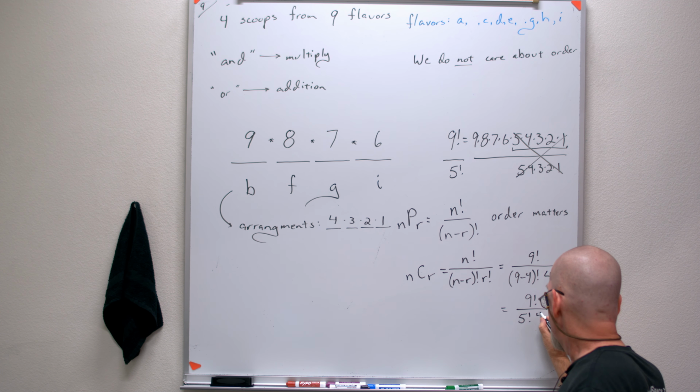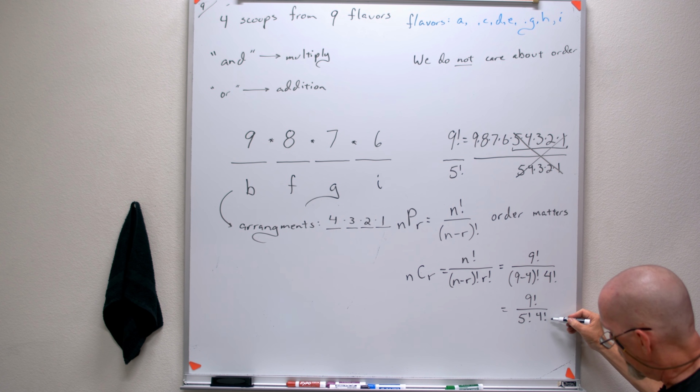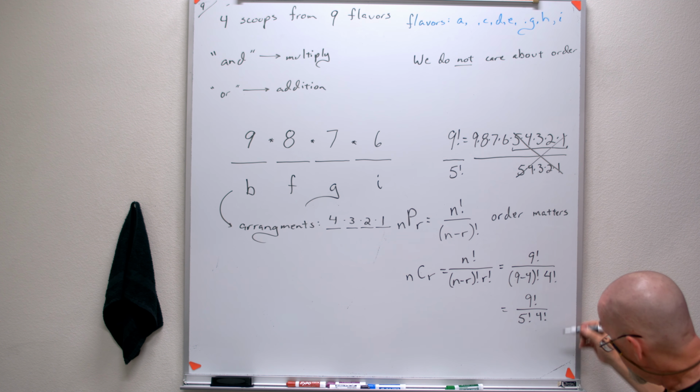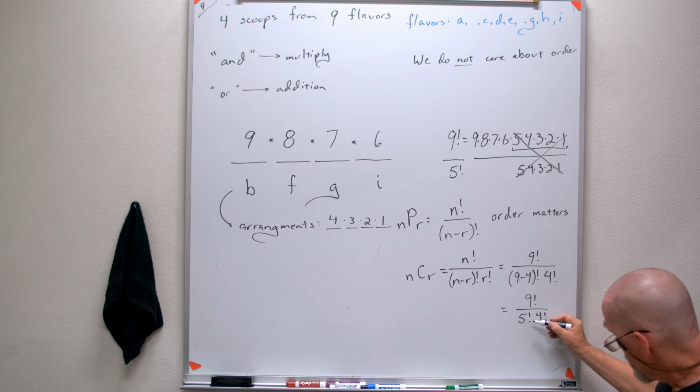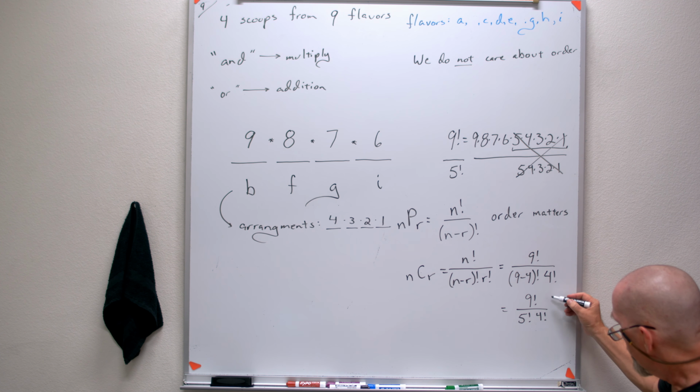This is called a combination. And in a combination, if I just look at my numbers, I have a 9 on top, and a 5 and a 4 on the bottom. The 5 and the 4, if I add them together, equal 9. In combinations, the sum of the 2 numbers on the bottom always equals the number on top. So that's what we'd have for this if I don't care about the order.